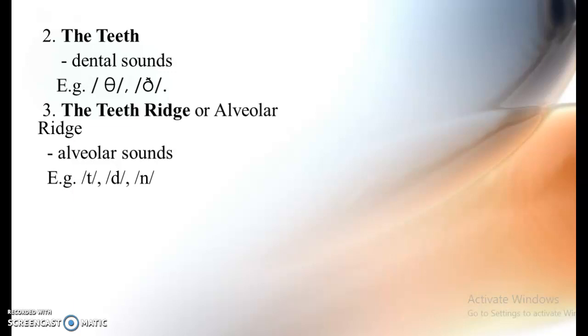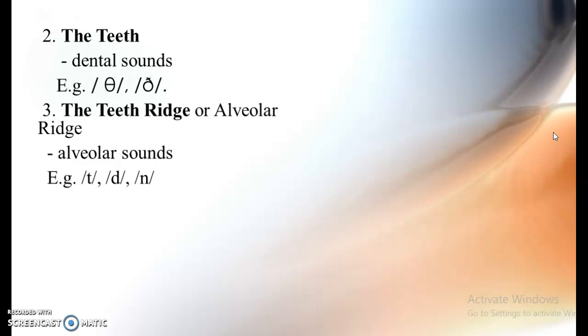Then you have the teeth ridge or alveolar ridge. Now, the teeth ridge is also known as alveolar ridge. The word is derived from the Latin word alveolum, which means teeth ridge.